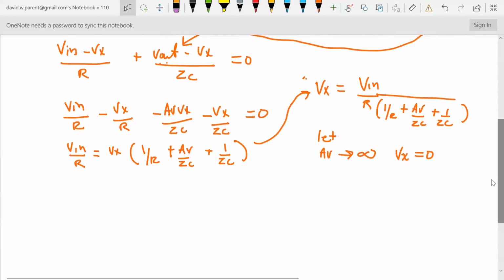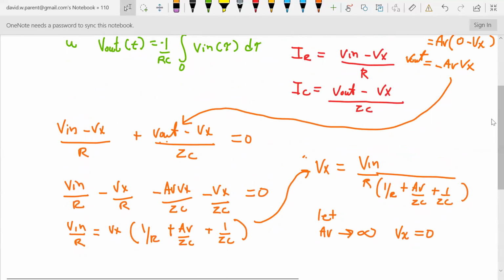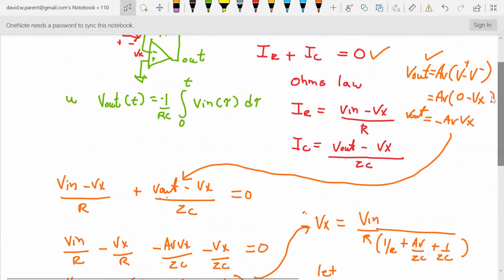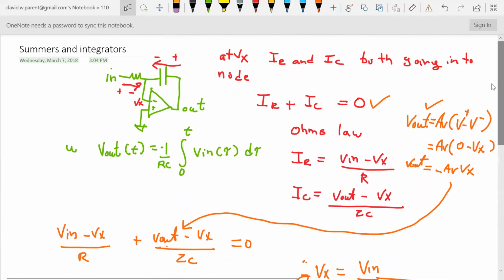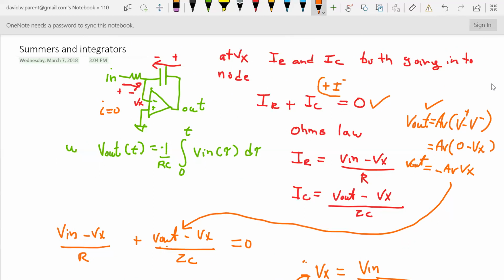But really, mathematically we did it. But we had an ideal op-amp, which means the current here is 0. So there's no current here. So when we wrote the nodal equation, plus I minus, I didn't even bother writing it, because it goes to 0.